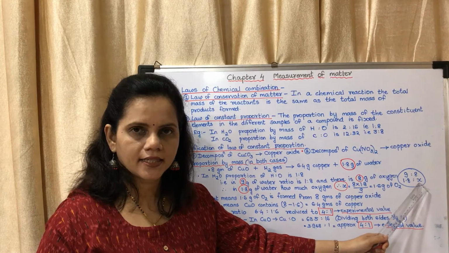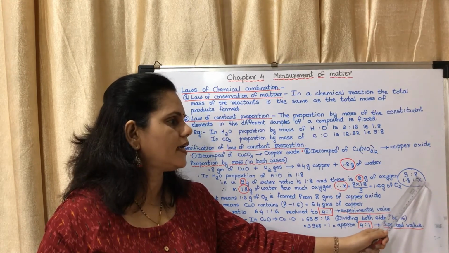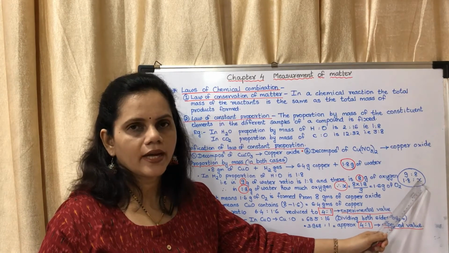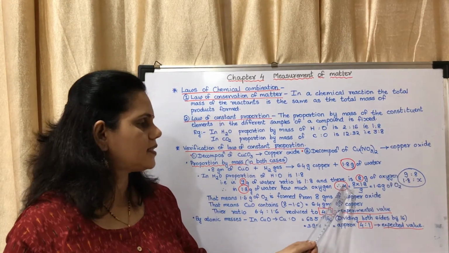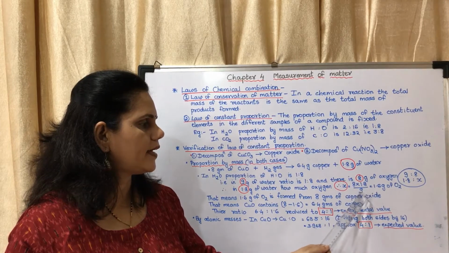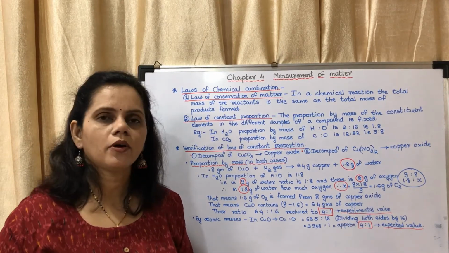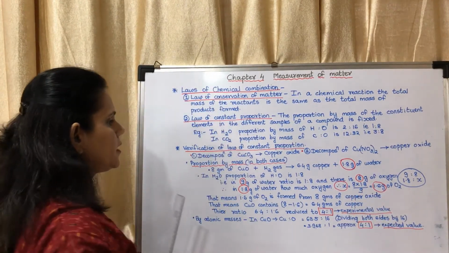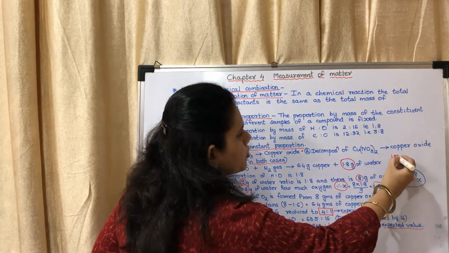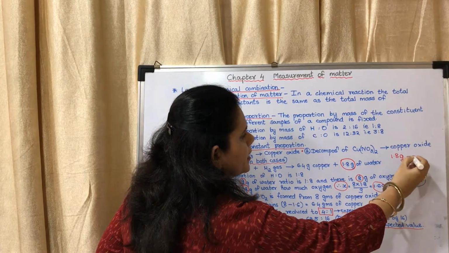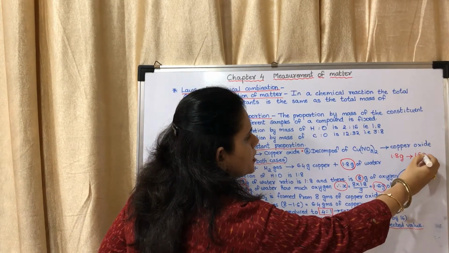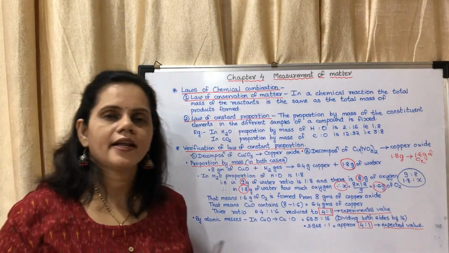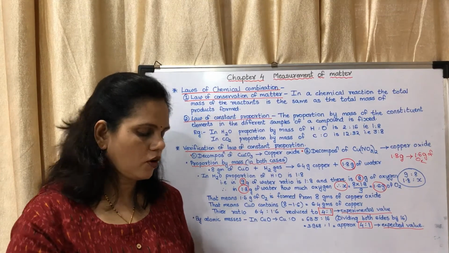That is taken as X. By cross multiplying, you get 1.8 into 8 is equal to X into 9. Therefore, X is equal to 8 into 1.8 upon 9. The answer is 1.6 gram of oxygen. That means 1.8 gram of water contains 1.6 gram of oxygen.